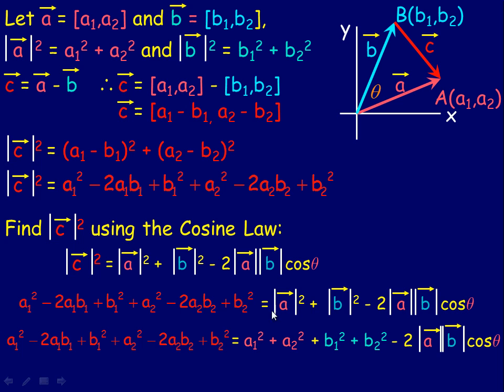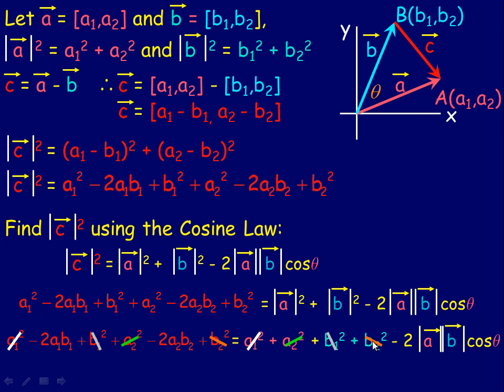Now, in place of the magnitude of A squared, I'm putting A1 squared plus A2 squared. In place of the magnitude of B squared, it's B1 squared plus B2 squared. So I made that substitution. Now notice that there are several things the same on both sides: A1 squared, B1 squared, A2 squared, and B2 squared are the same.